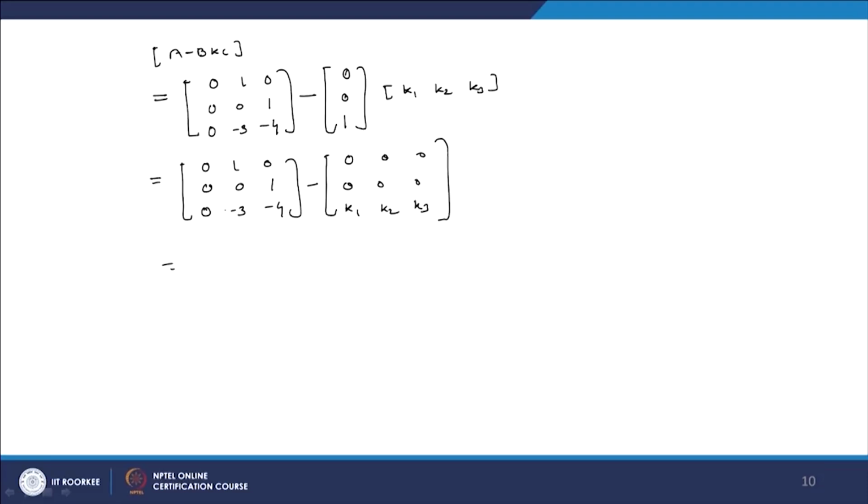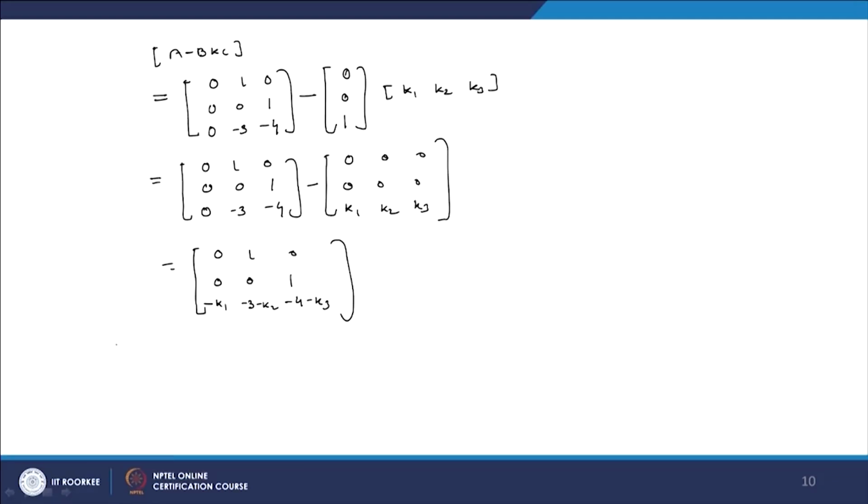Now we subtract this equation from this, so we get 0 1 0, 0 0 1, because all are zeros, and the last row becomes minus k1, minus 3 minus k2, and minus 4 minus k3.